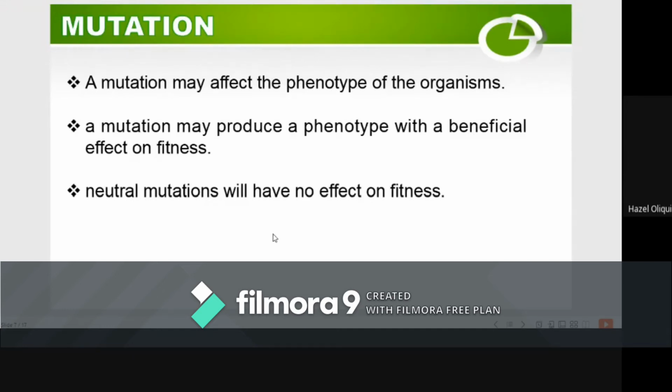Second, a mutation may produce a phenotype with a beneficial effect on fitness. And many mutations, called neutral mutations, will have no effect on fitness. Mutations may be harmful or benign, but they may also be beneficial. For example, a mutation may permit organisms in a population to produce enzymes that will allow them to use certain food materials.